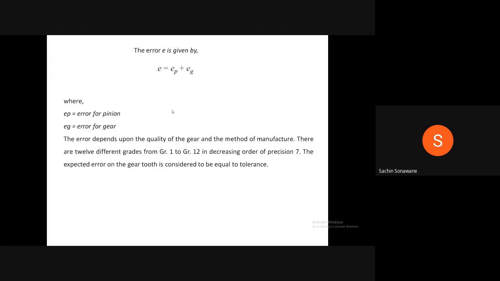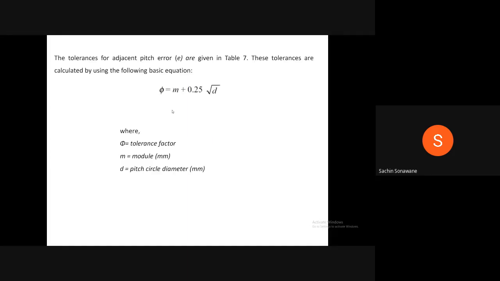Write down that E is equal to EP plus EG, where EP is error for pinion and EG is error for gear. Then write down this formula: phi is equal to m plus 0.25 into root d. Phi is tolerance factor, m is module in mm, d is pitch circle diameter in mm.